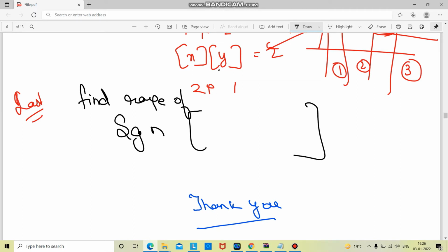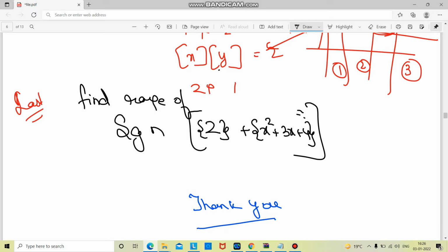This is greatest integer, and then we have fractional part of 2 plus fractional part of x square plus 3x plus this. We have to find the range of this.